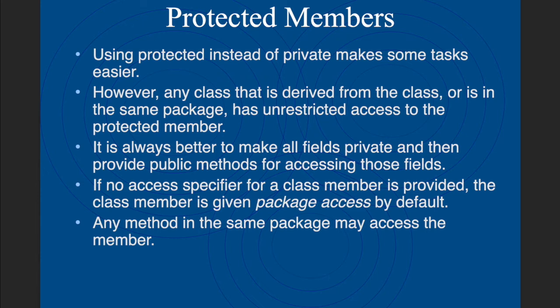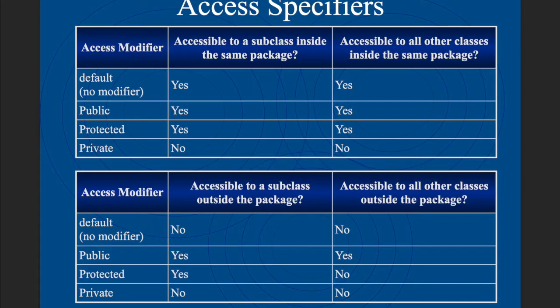It's a suggestion, okay? If no access specifier for a class member is provided, the class member is given package access by default. And this, again, package, you don't need to know. It's just good to know it exists. Any method in the same package may access the member.